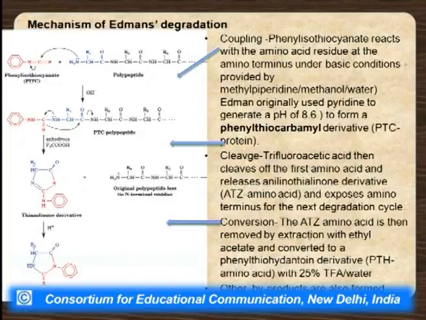Edman had used pyridine and the pH obtained was 8.6. These days methyl piperidine, methanol, water etc. are also used to create the basic conditions, and this will result in a phenyl thiocarbamyl derivative, which we call the PTC polypeptide or PTC protein. So, it is bound to the N terminal.